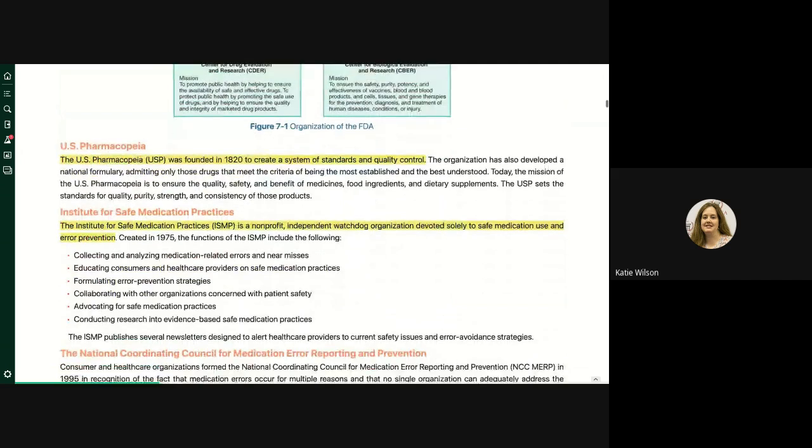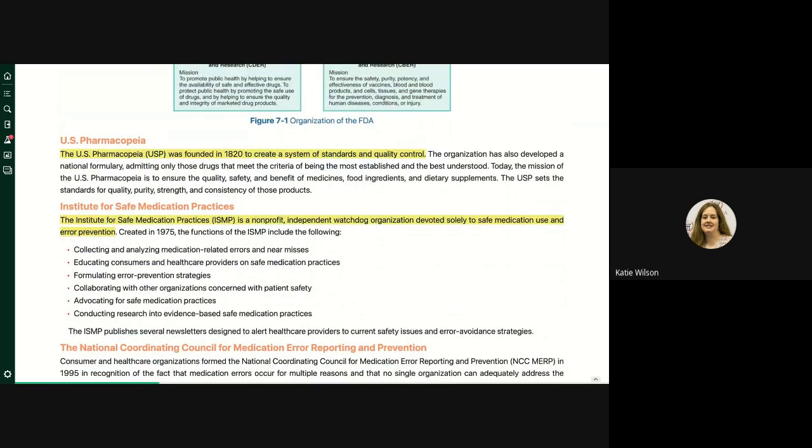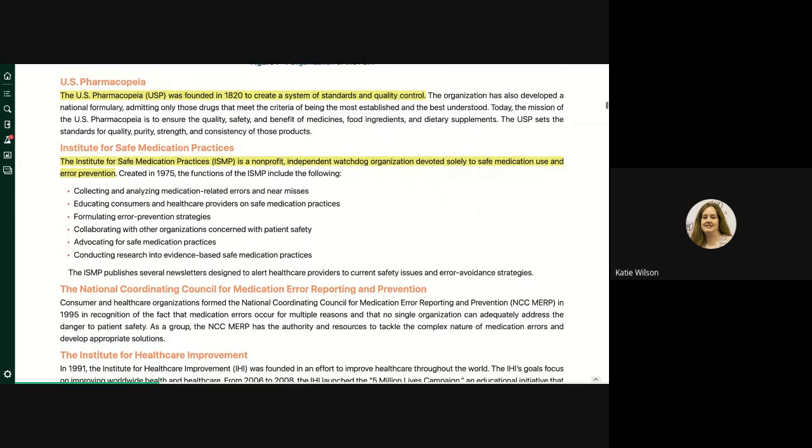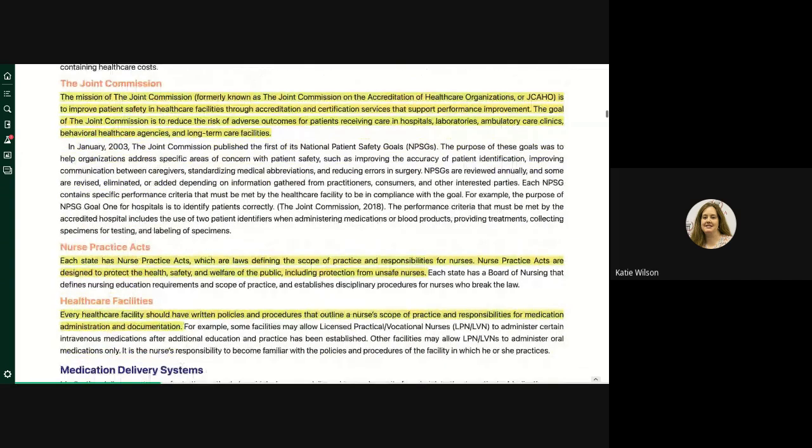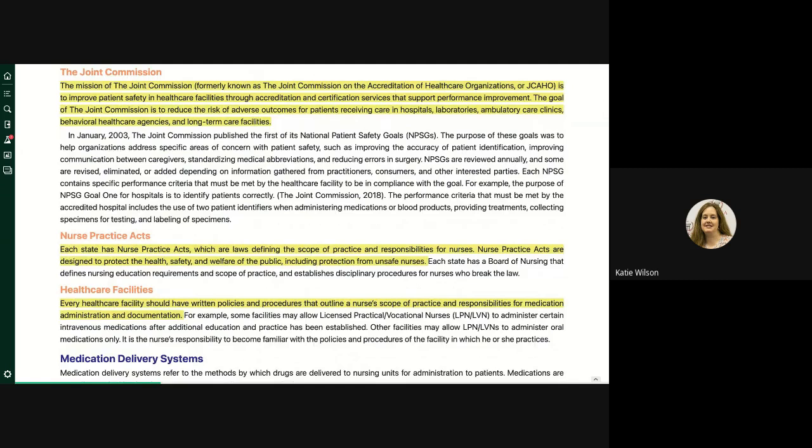And then it goes on to list additional organizations that are involved in medications. We've talked about the Institute for Safe Medication Practices when we talked about abbreviations earlier, what to use and what not to use with abbreviations. Joint Commission, you'll probably hear a lot about, especially if you already work in healthcare. They drive a lot of policies and procedures in facilities in regards to safety, which includes medication administration.